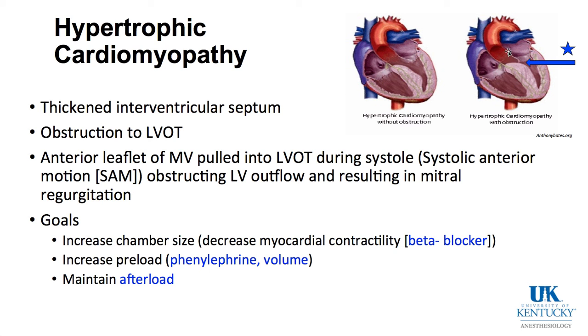The mitral valve leaflet here, the anterior leaflet, can get pulled into the LV outflow tract and sucked out into it and cause an obstruction. That's called systolic anterior motion of the mitral valve leaflet.